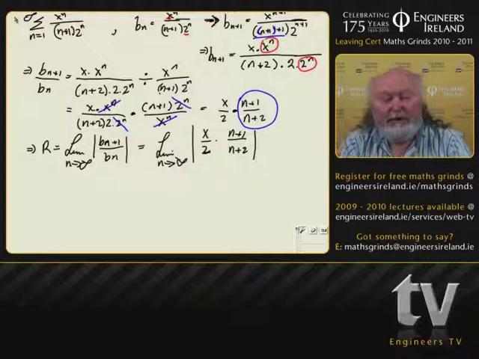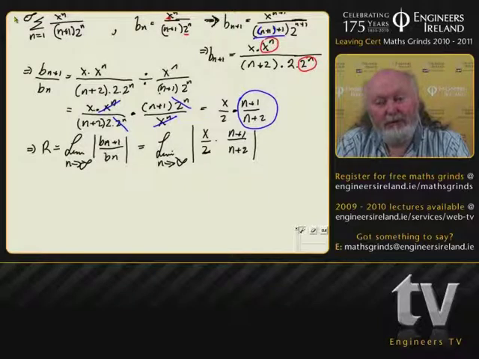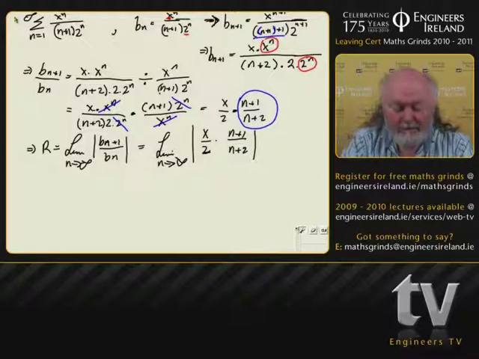The 2 and the x are independent of how n changes, so they can be pulled out, but especially the x has to get held inside the absolute value there.